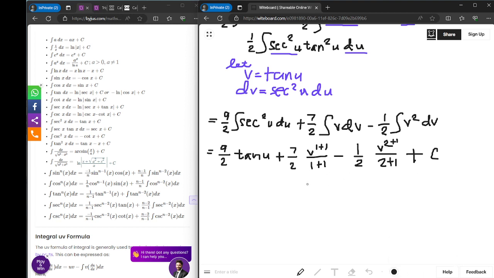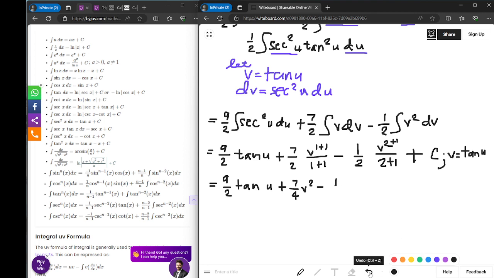Note that v here is equal to tangent of u, right? Then this can be rewritten as 9 over 2 tangent of u plus 7 over 2.